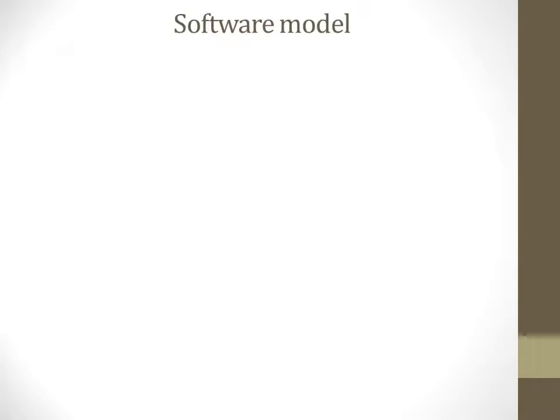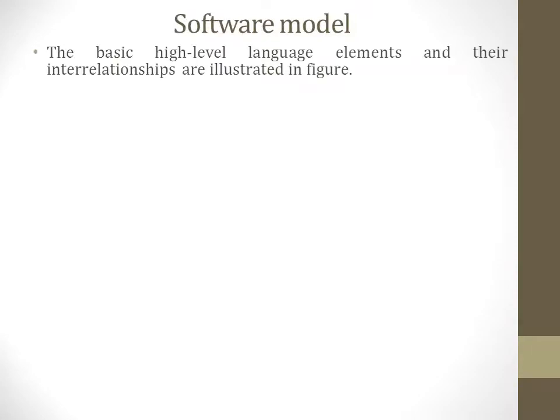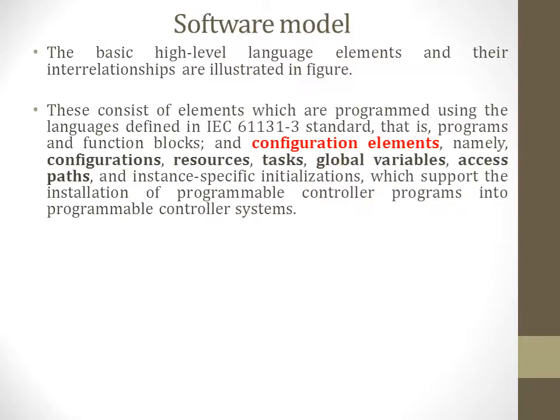So first of all, we need to discuss the software model. The basic high-level language elements and their interrelationships are illustrated in the next figure. This consists of elements which are programmed using the languages defined in the standard.